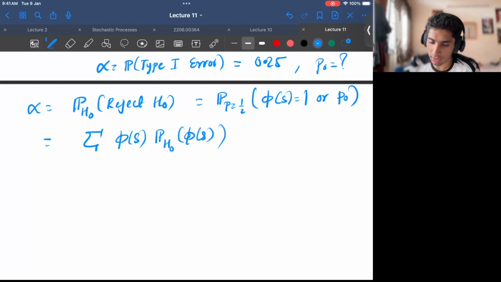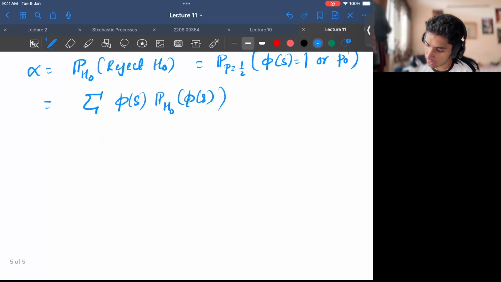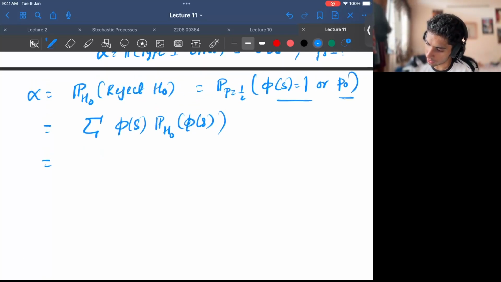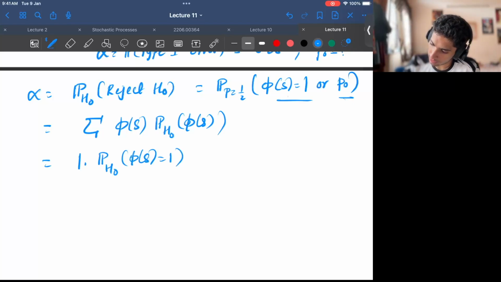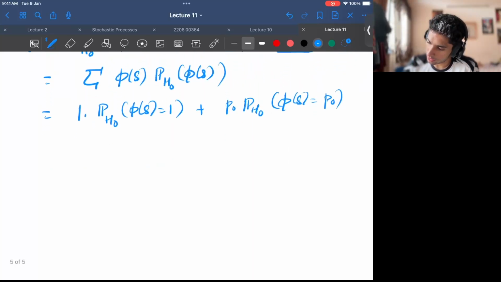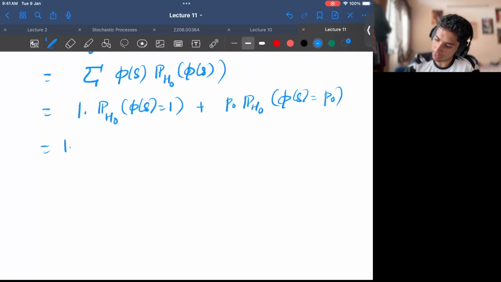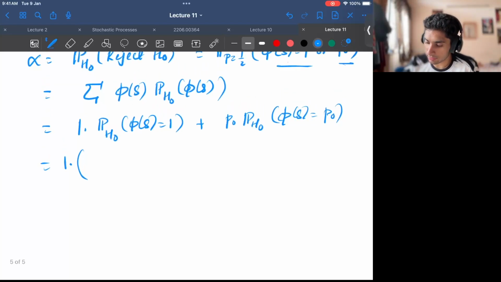So it's like the expected value of phi of s, right? What will this be equal to? Phi of s can either be 1 or p naught. So if it is 1, then you have to find the probability under h naught of phi of s equal to 1, plus if it is equal to p naught, then you have to find the probability under h naught that phi of s is equal to p naught. What will this thing be? This thing will be 1 into, under h naught, the probability that phi of s is equal to 1.